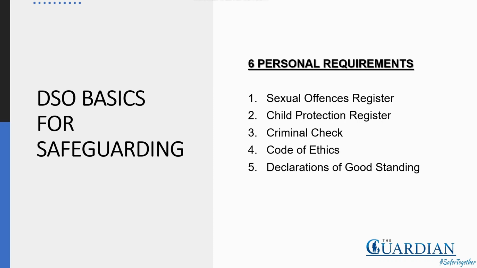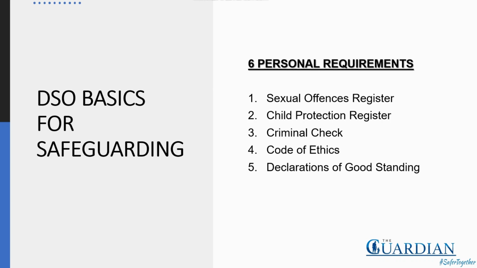Your Code of Ethics and Declaration of Good Standing are 2 documents that you are going to need to sign. Code of Ethics basically is a declaration that you understand that there is an ethical standard of behavior that needs to be adhered to, but it is a lot more than that, and it was explained in previous slides. Your Declaration of Good Standing really ties into your 3 clearances.